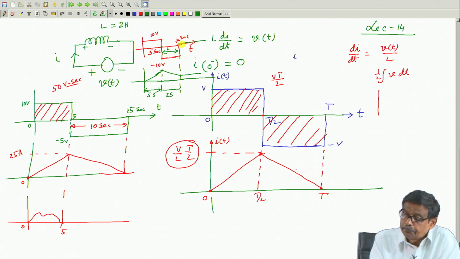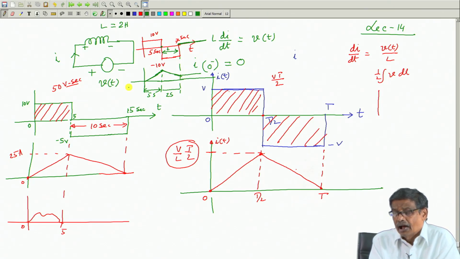and if the voltage pulse is like this, it was 0 earlier, then beyond t equal to 7 second it is once again 0, then the current will reach some value, it will come back, and I ask myself, I applied some positive volt second, then I did not apply the same amount of negative volt second. So, current cannot become 0.